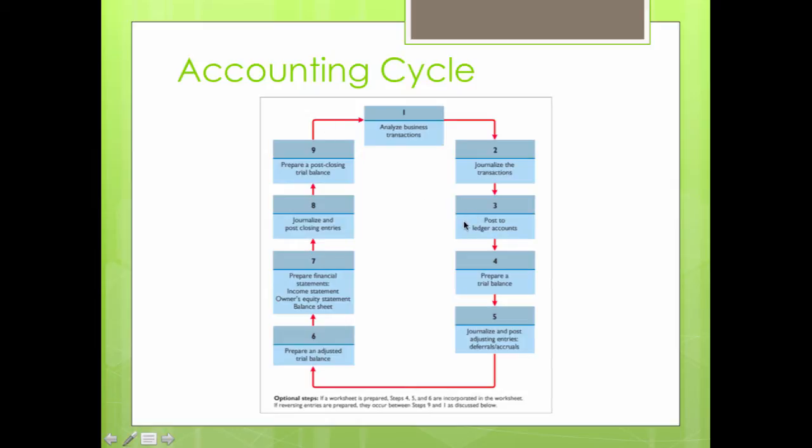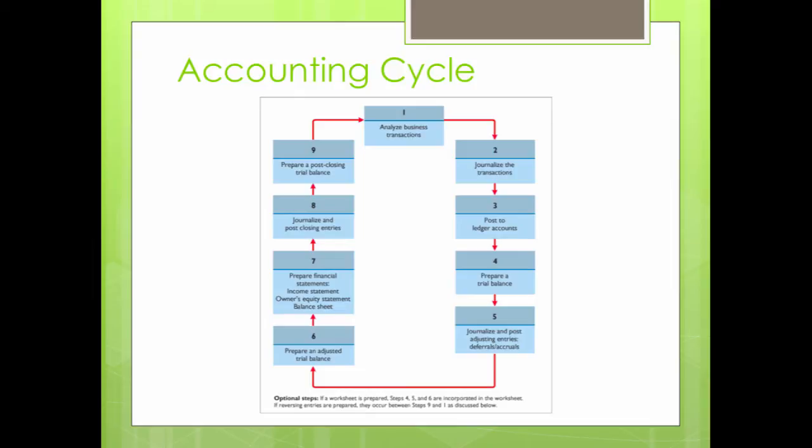Then you post to the ledger accounts, which is transferring all the transactions for a particular account in one place. Remember, you have the general journal, which is like your main transaction record, but that has all of the accounts, whether it's for assets or liabilities or owner's equity, which can become very messy and very long.